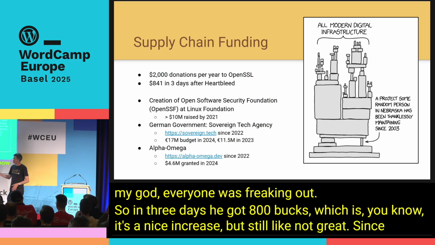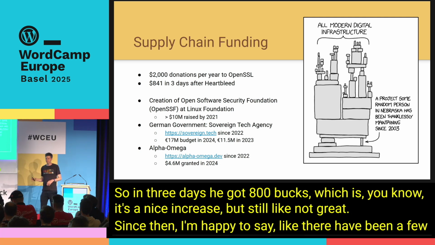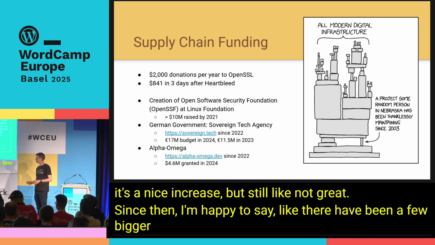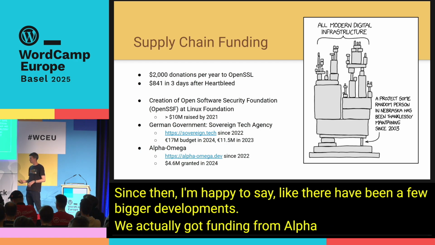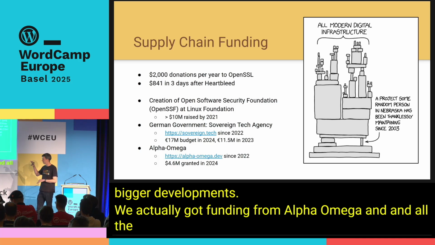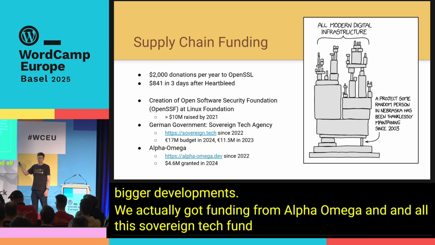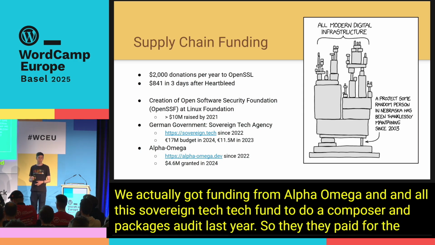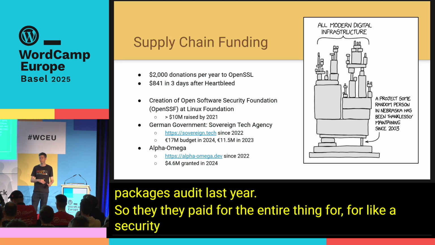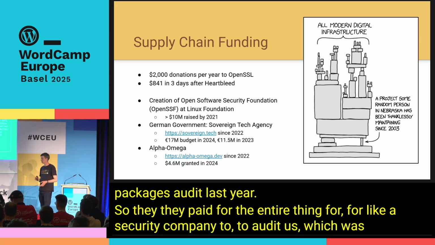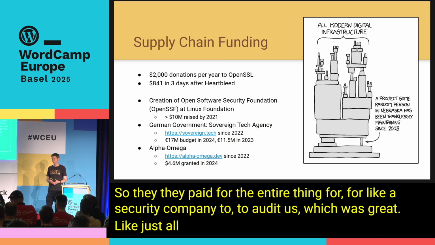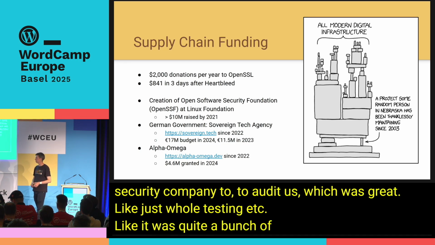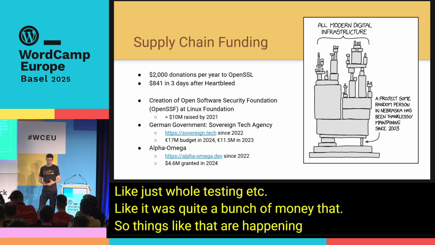Since then, I'm happy to say there have been a few bigger developments. We actually got funding from Alpha-Omega and the Sovereign Tech Fund to do a Composer and Packagist audit last year. They paid for the entire thing for a security company to audit us, which was great, with whole penetration testing, etc. So things like that are happening, and it's good.